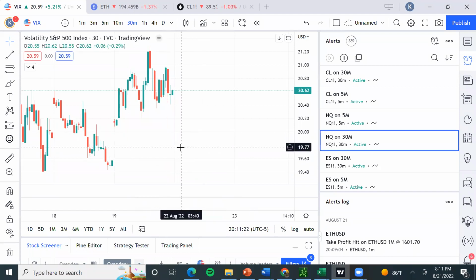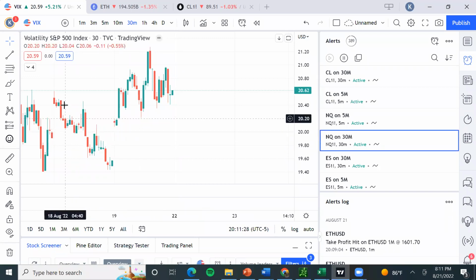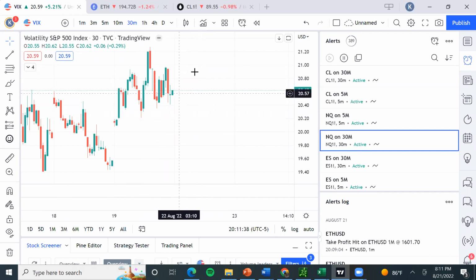If the volatility is high, your premiums can move up and down, and they can get burnt very quickly. Generally, if volatility is above 20, that means there is high volatility. If it is above 25, risk is getting higher and higher. If it is above 30, then you should forget about calls. So looking at VIX is very important when you are buying calls.